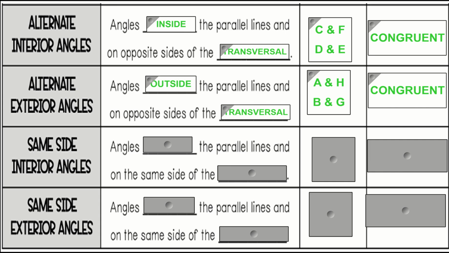So then we got same side interior angles. Guess where they are? Inside or outside? Inside. They're interior, right? And what that means is they are on the same side of the transversal.